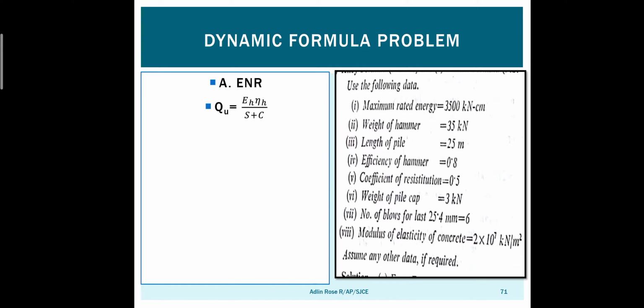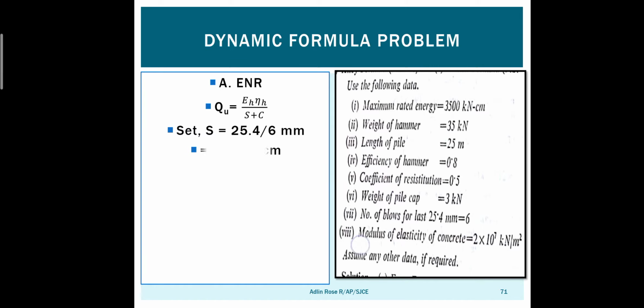In the given data, the 7th point is number of blows for last 25.4 mm is equal to 6. So to find the set, we will just divide 25.4 divided by 6. That will give you the set value. Set value is how much penetration has been done, 25.4 divided by the number of blows given, which is 6.